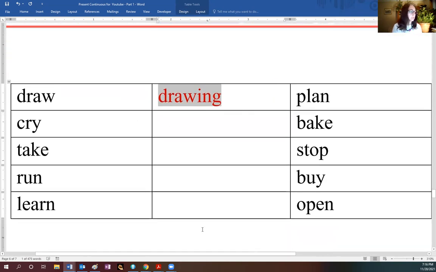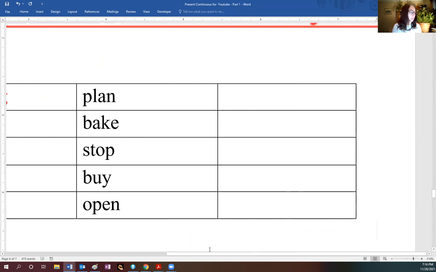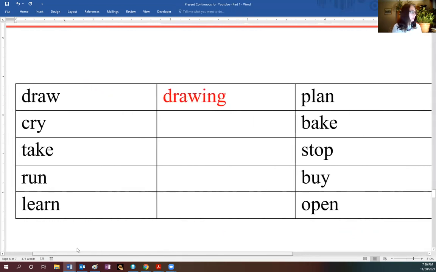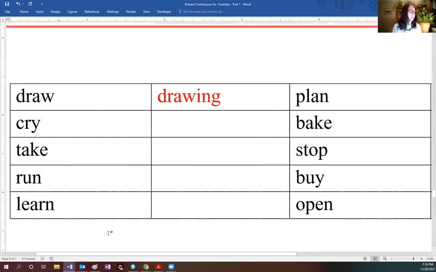So there it is. Pause the video, and try to write the ing forms. And after you're done, you can play it again and I will give you the correct answer. So you will be able to see if you did it correctly or not.